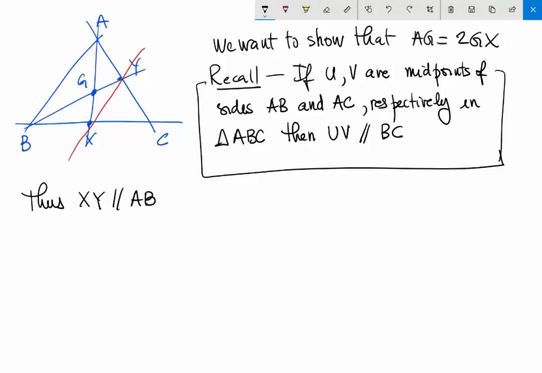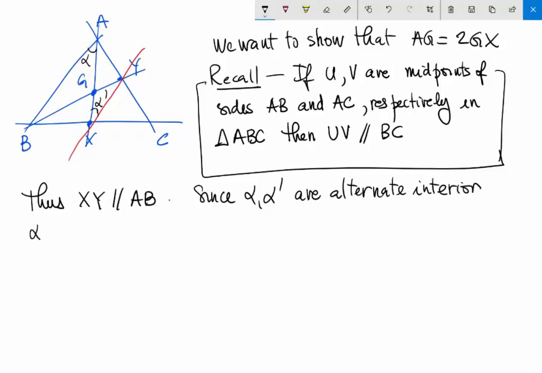So BAG is here, and YXG is here, and I will call this angle alpha and this angle alpha prime. So clearly, since alpha and alpha prime are alternate interior angles, we can say that alpha is equal to alpha prime.